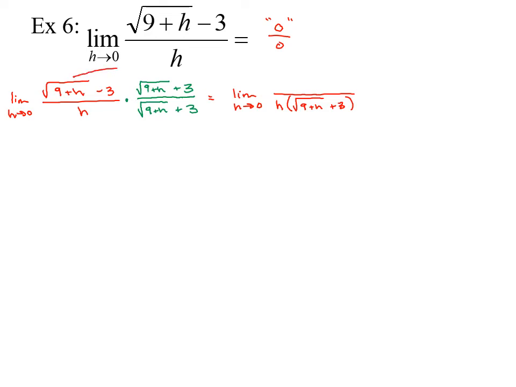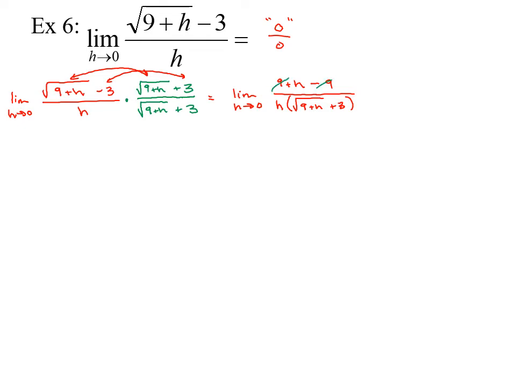The only two parts you have to worry about is first, multiply the first terms. The square root term times the square root term will cancel the square roots and just leave you with a 9 plus h. The outer and inner will always cancel in this format, so don't worry about those. But then you can multiply the last terms, which is the negative 3 and the positive 3, which leaves you with a minus 9.